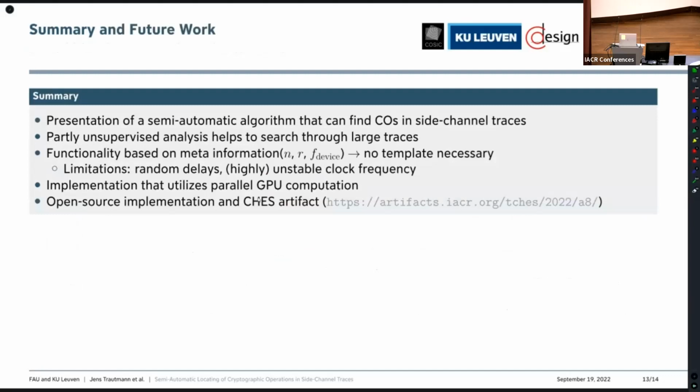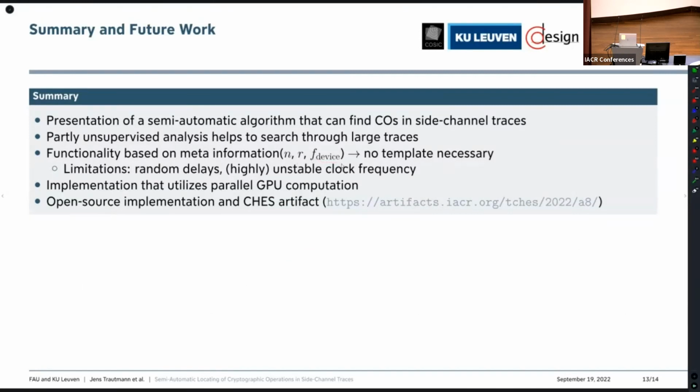So to summarize, we presented our semi-automatic algorithm that can find COs in large side channel traces, and the partly unsupervised analysis helps to search through very large traces without a lot of effort. The functionality is based on meta information, meaning the number of cryptographic operations in a trace, the number of successive and identical rounds, and the device frequency.